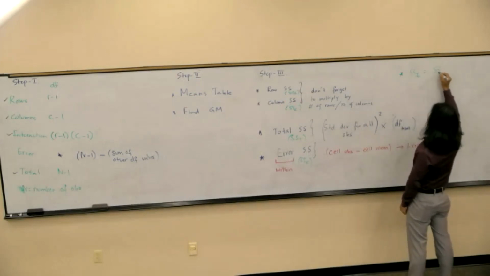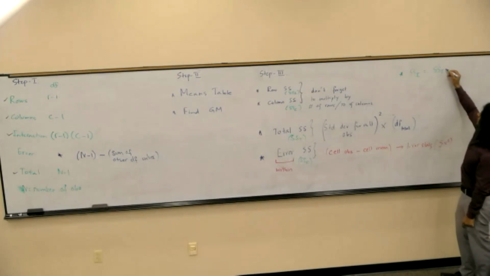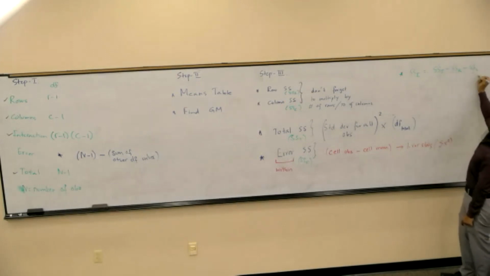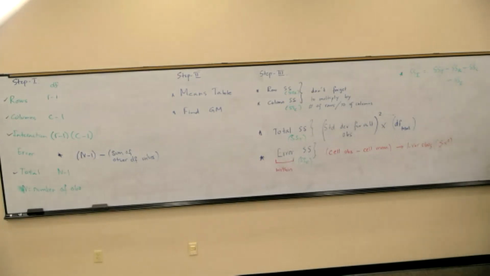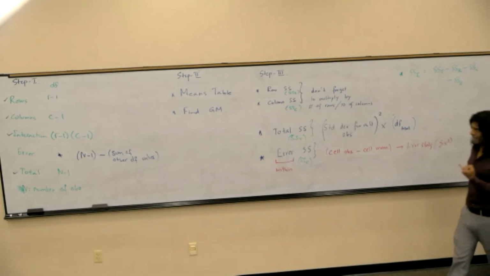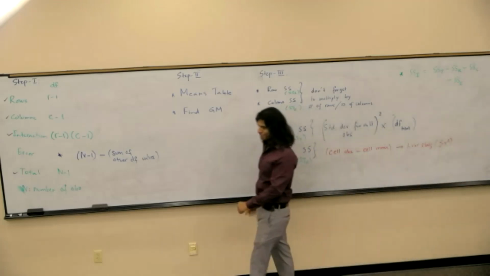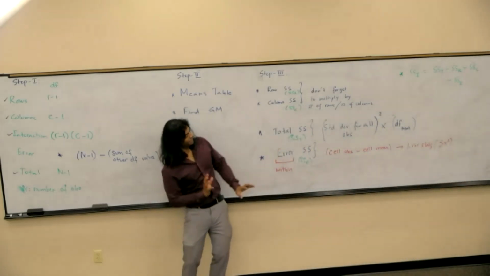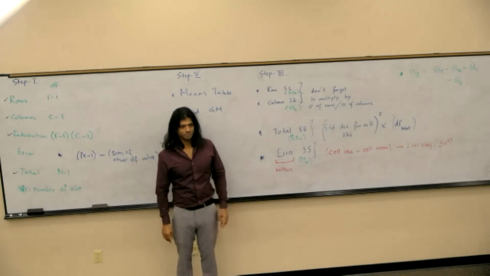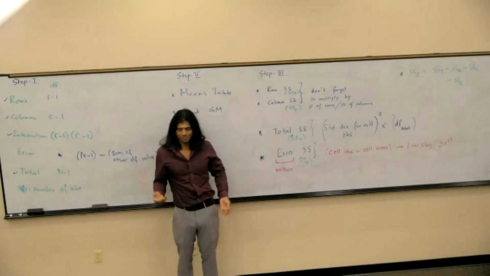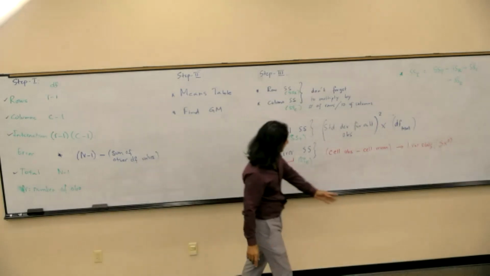Interaction is simply total value minus row SS minus column SS minus error SS. You are good. Once you have the correct SS values, correct DF values, it's easy from there on. It's just division and multiplication and FCDF.